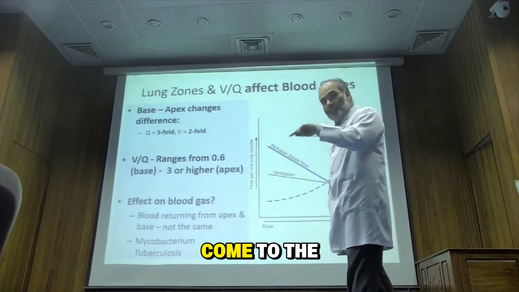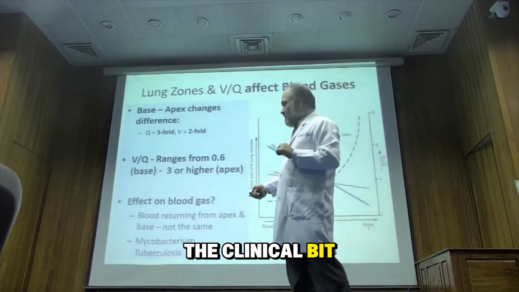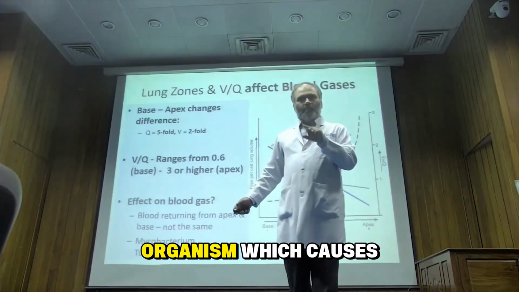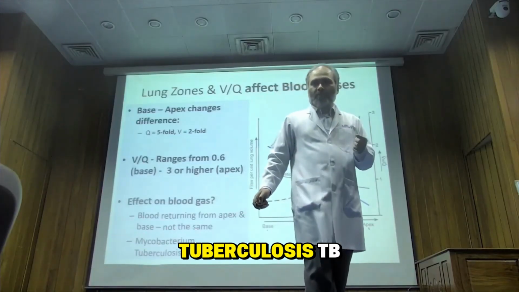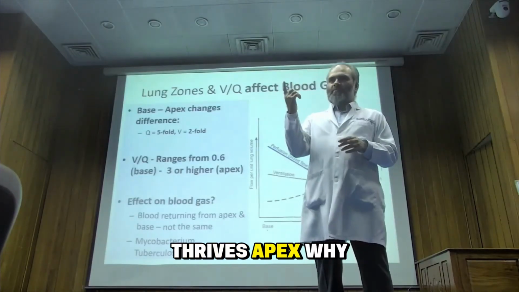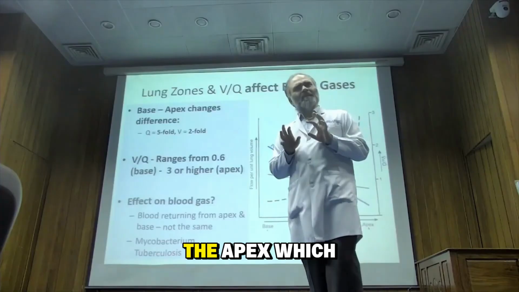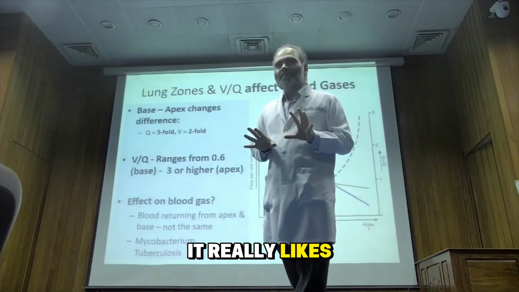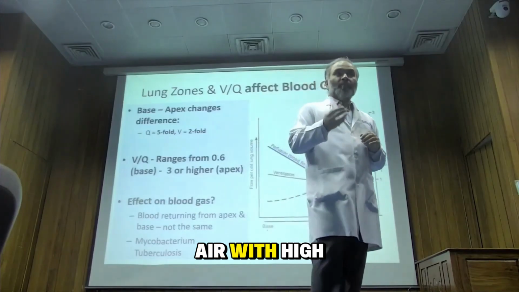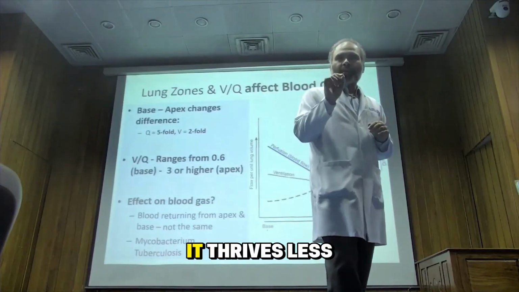Now let's come to the clinical bit here. This is the clinical bit. Mycobacterium tuberculosis. What is this? This is the organism which causes tuberculosis, TB. Guess where it thrives? Apex. Why? What is in the apex which it really likes? High oxygen content, air with high oxygen. This is where it thrives.